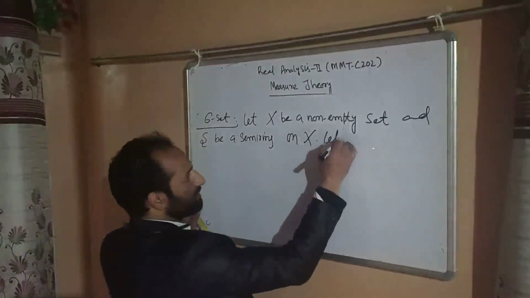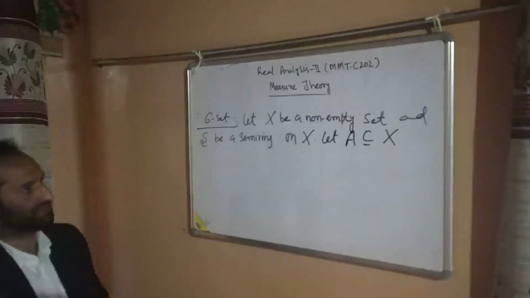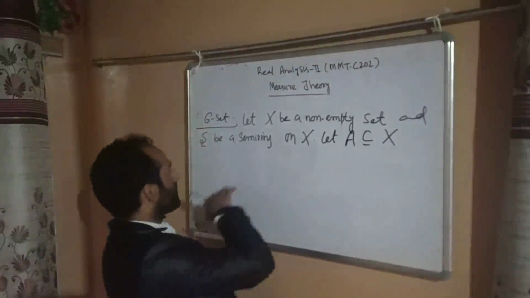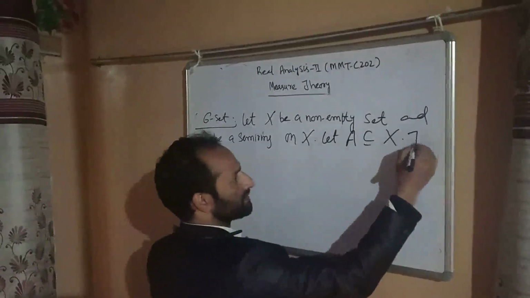Now let A be any subset of X. Then we say A is a sigma set with respect to this semiring S. It depends upon the semiring actually.